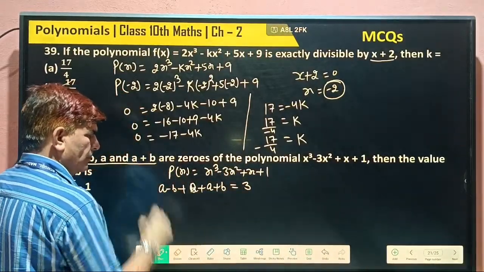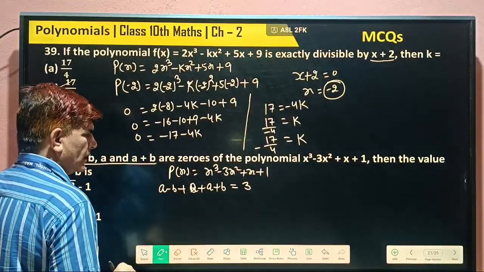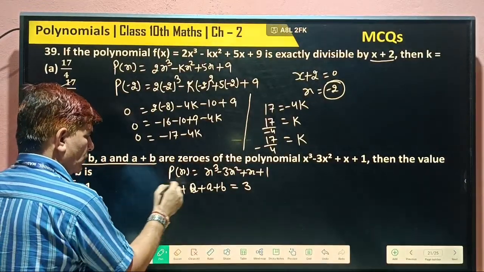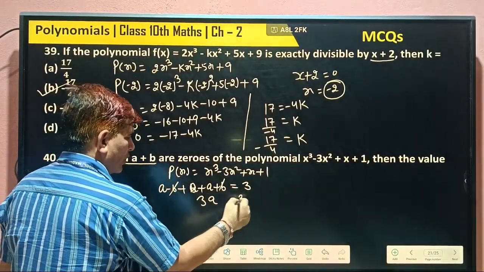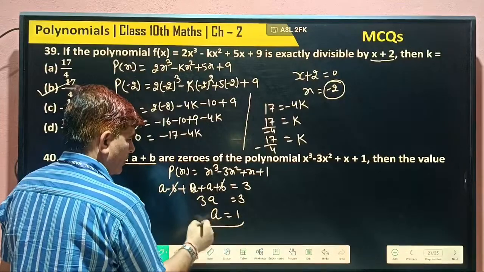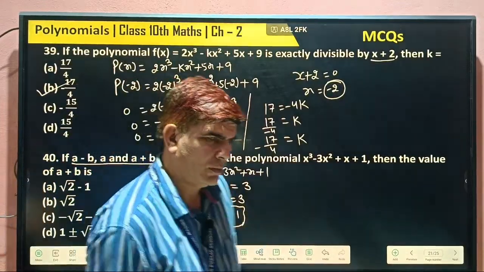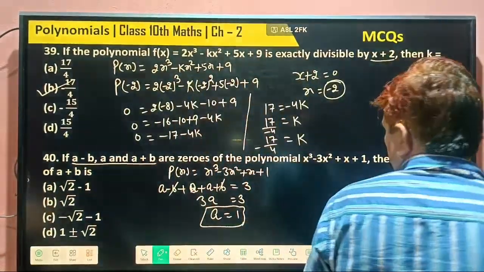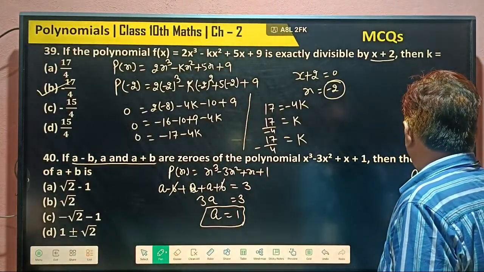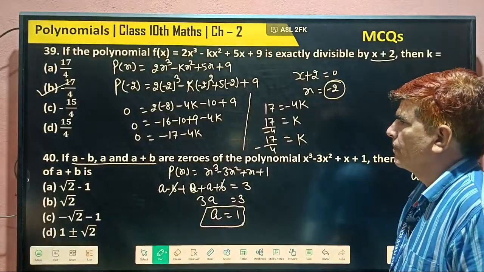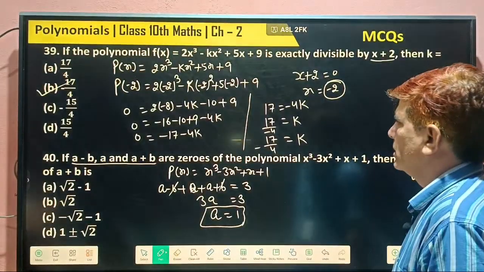So the b's cancel, 3a equals 3, so a equals 1. But we have to find the value of a plus b.